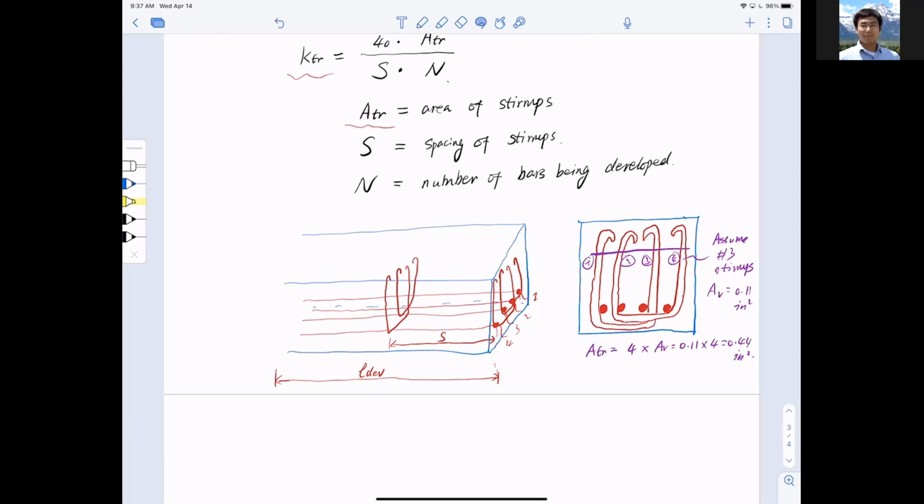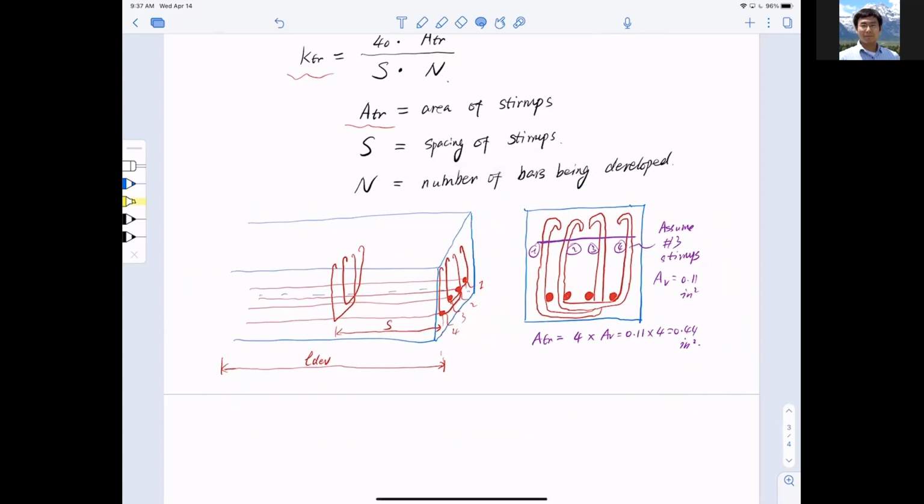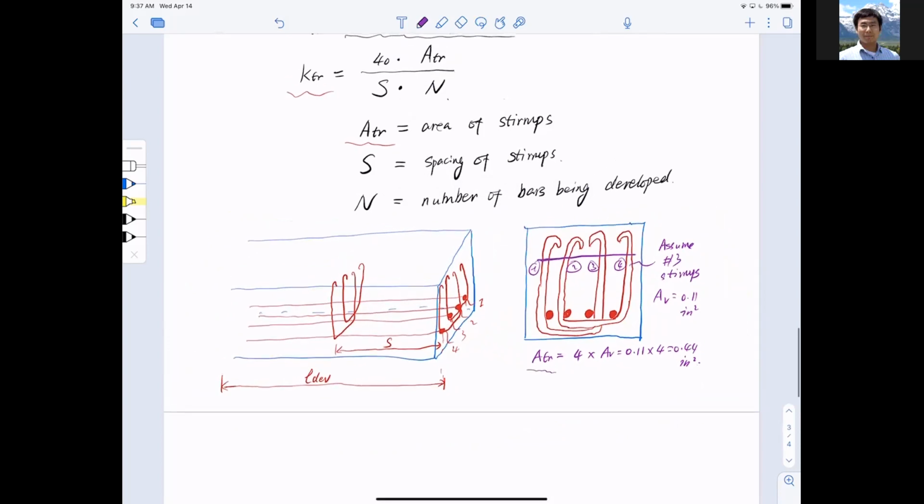That's how we calculate Atr. I love this function. You may not have it in your notebook, but don't worry, it's just for me. Let me have more space here. Look at this equation. S is the spacing between the stirrups. For example, if I give 8 inch, that is 8 inch; 9 inch, that is 9 inch.